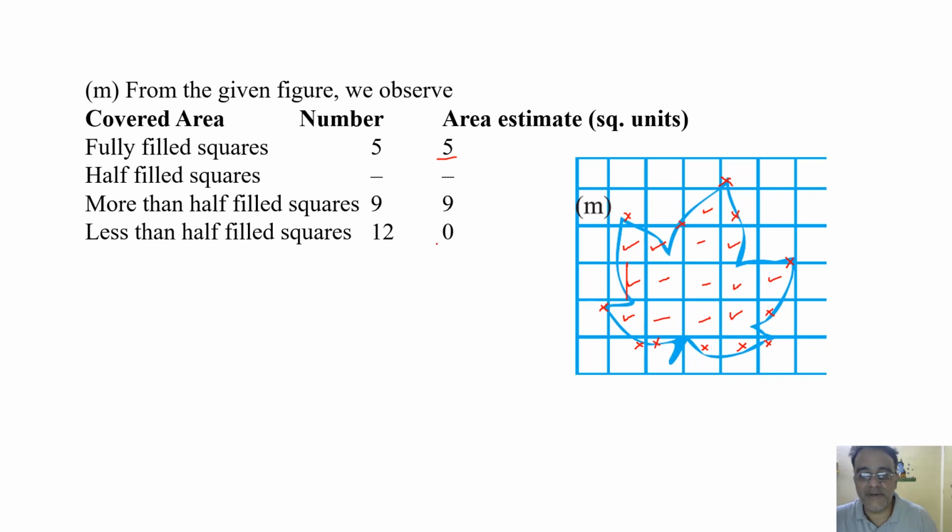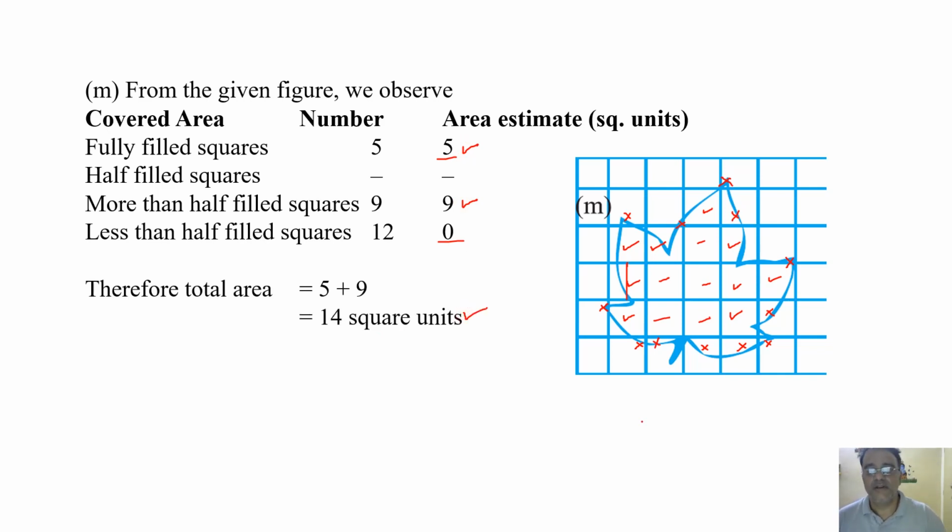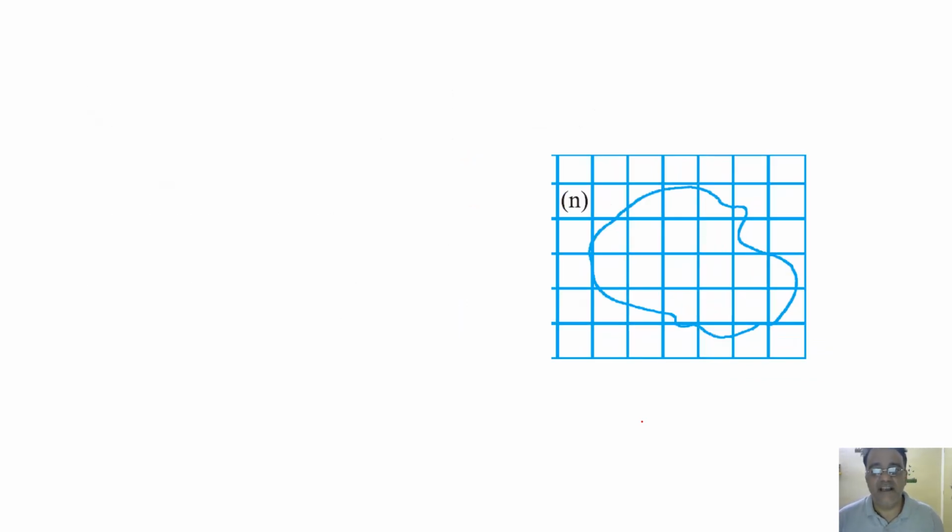So 12, but area is 0. So the total area will be 5 plus 9, that is 14 square units. Right?